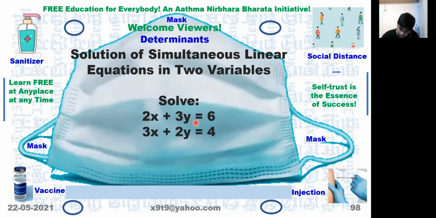Delta x is equal to 6 2s are 12, 12 minus 12.